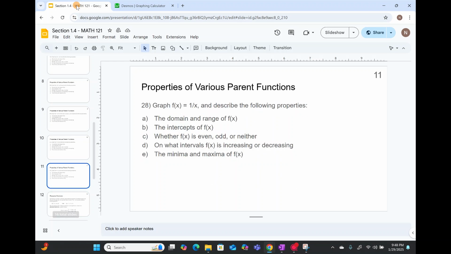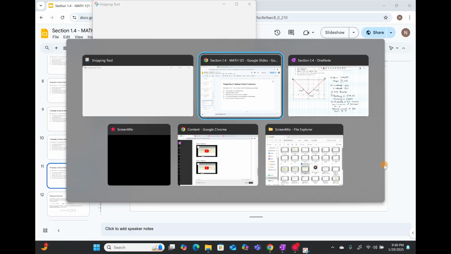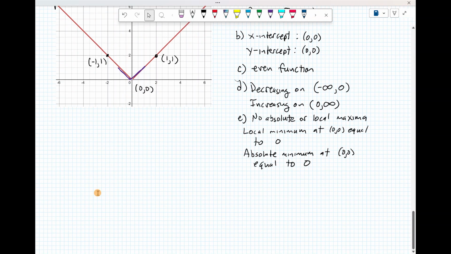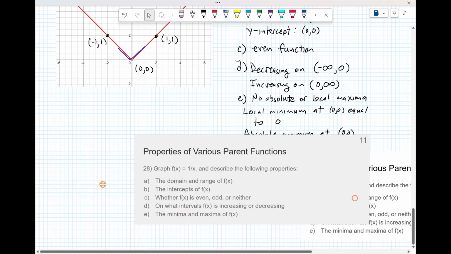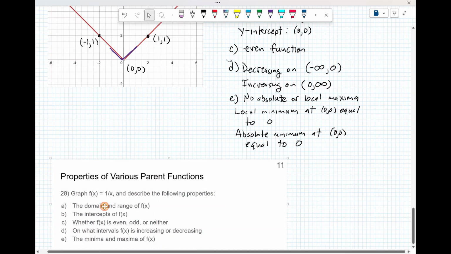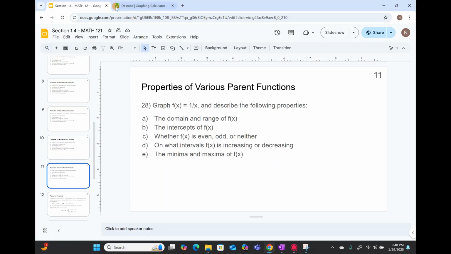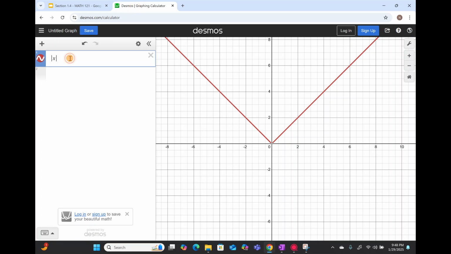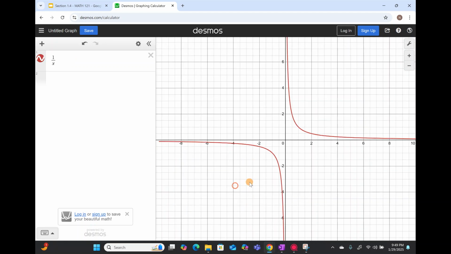We're going to do one more function, which is 1 over x. All right, so 1 over x looks something like this.